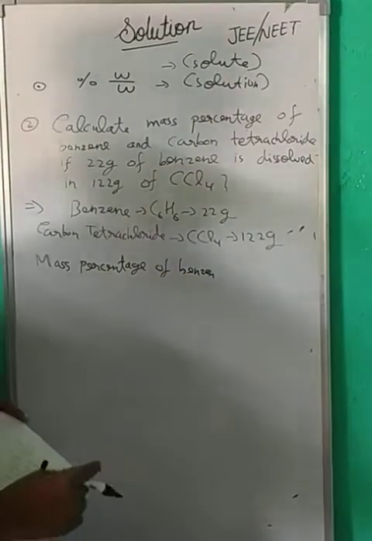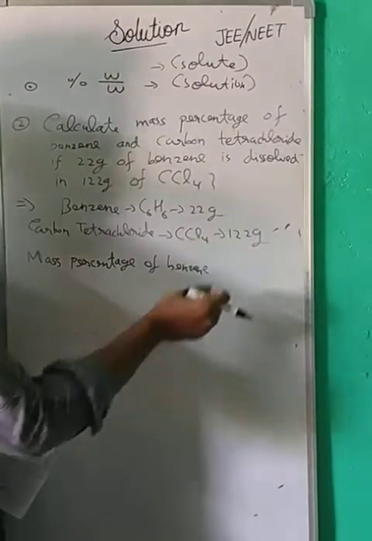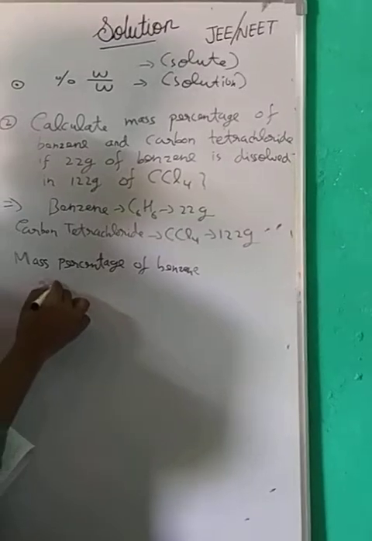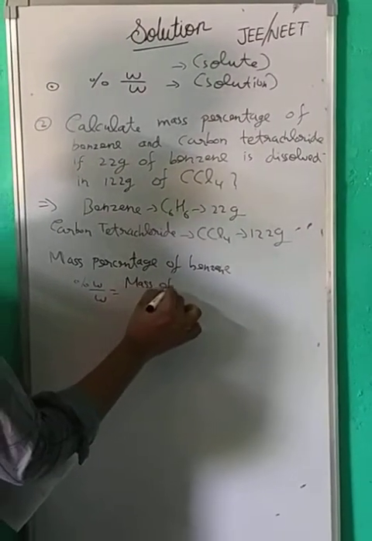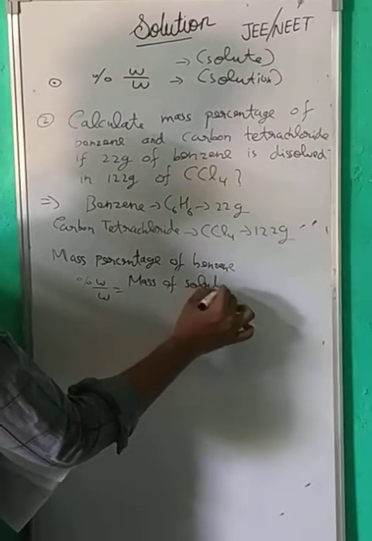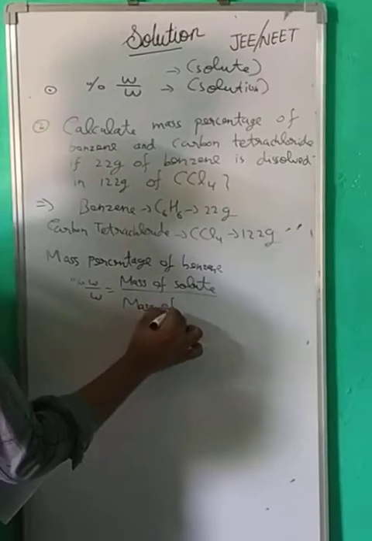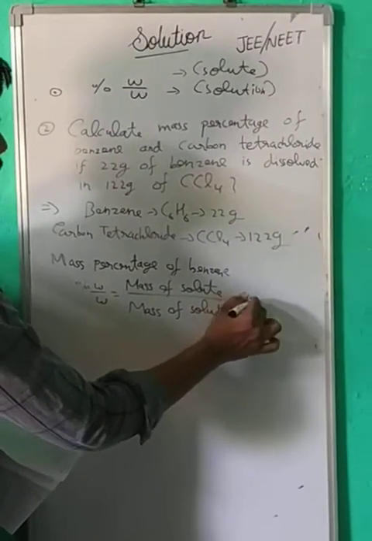What was the formula? Percentage weight by weight is equal to mass of solute upon mass of solution into 100.